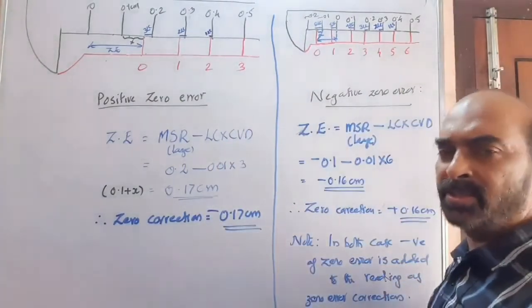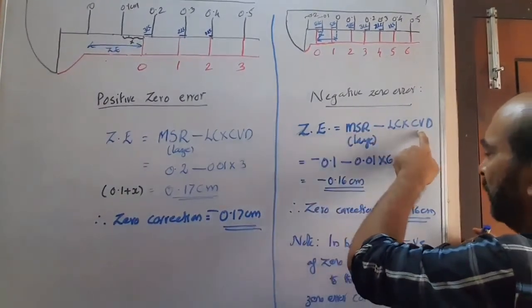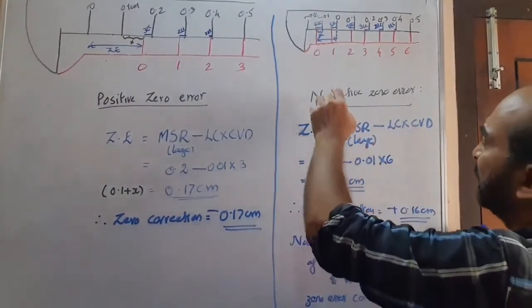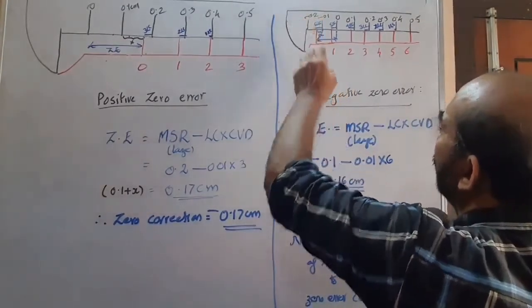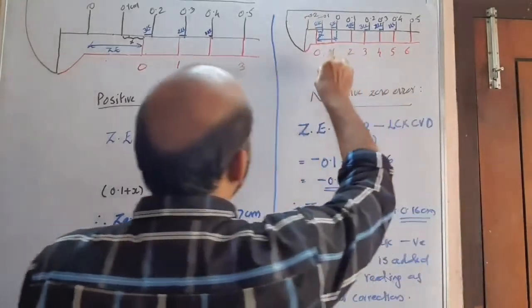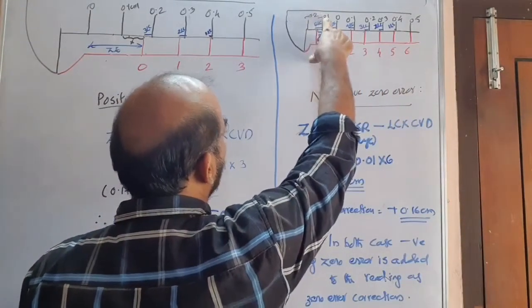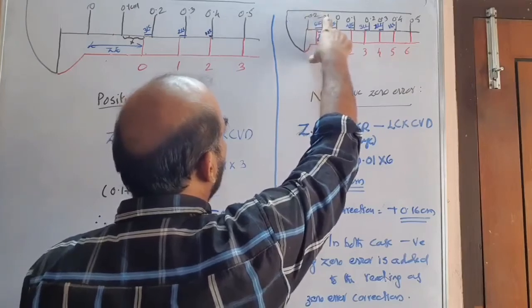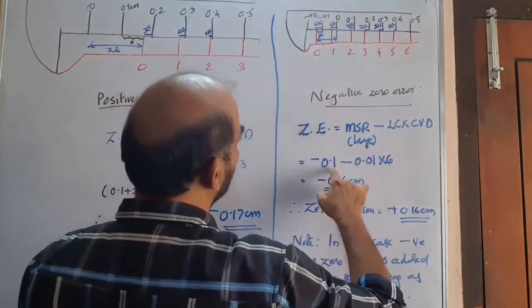Again, we apply the same equation. Zero error is equal to main scale reading large minus least count into coinciding vernier division. What is the main scale division? See, here the zero comes in between minus 0.2 and minus 0.1. Among them, the bigger value is minus 0.1. So MSR large is minus 0.1.